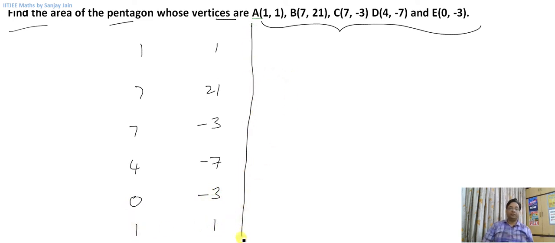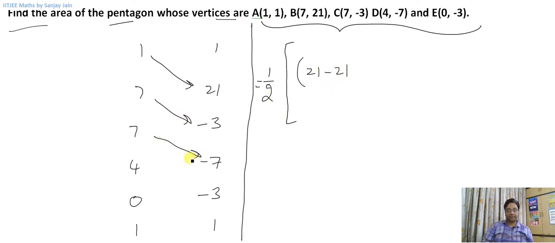So I'll write half and then start the bracket. I'll multiply it like this first: 1 into 21, 21; 7 into minus 3, minus 21; 7 into minus 7, minus 49; this will give me minus 12, then I'll have 0.